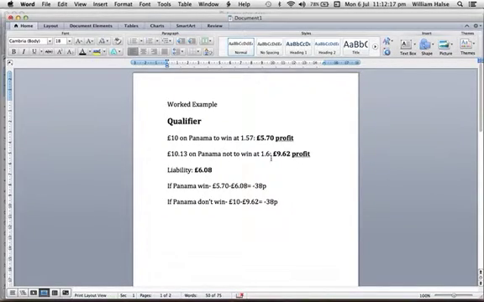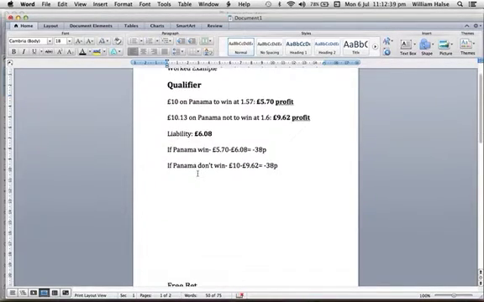And if Panama don't win, we make a £9.62 profit at the betting exchange, because basically we get that £10.13, and the way Betfair make their money is they charge a 5% commission on all profits. So £10.13 minus 5% is £9.62 in profit.